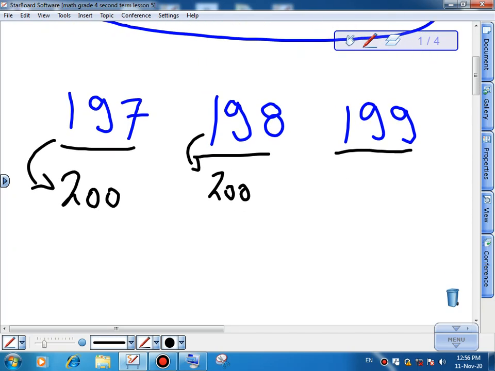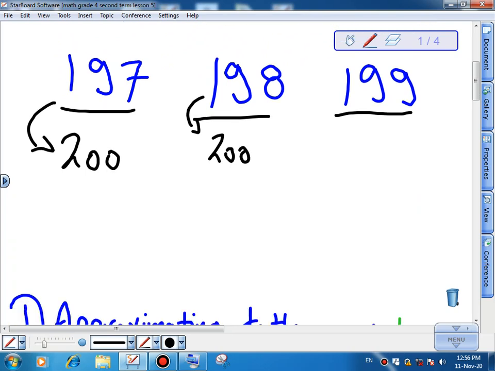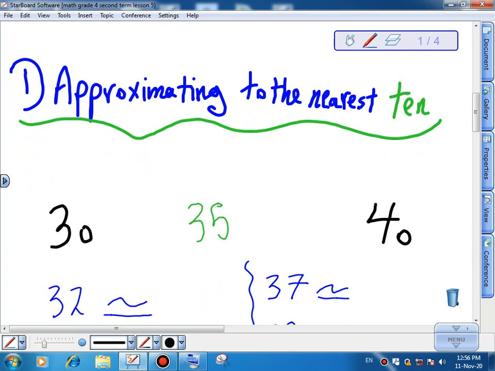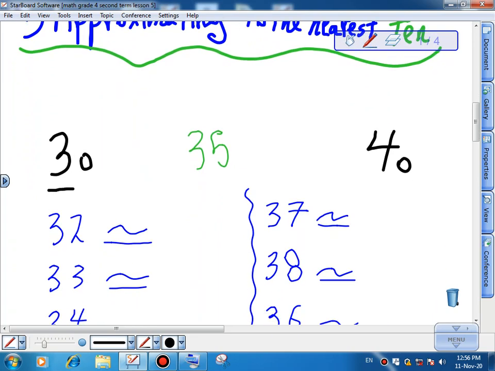Approximation, okay? So approximation has 3 types. The first one is approximating to the nearest 10. If we take the number 30 and the number 40, the midpoint between them on the number line is 35.